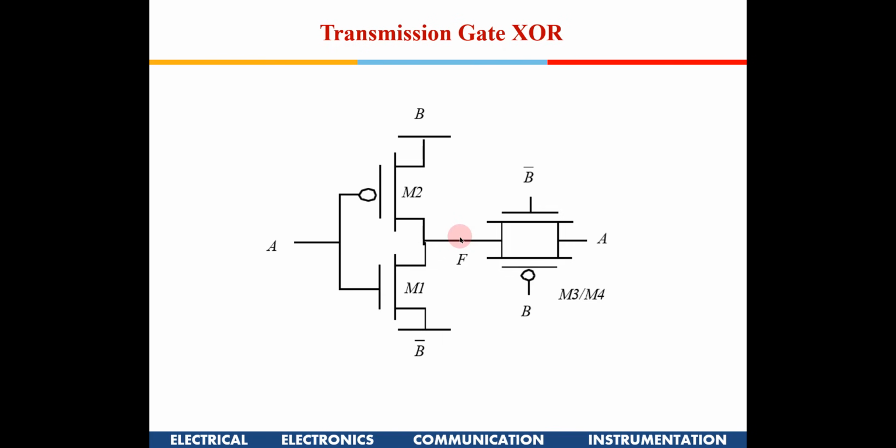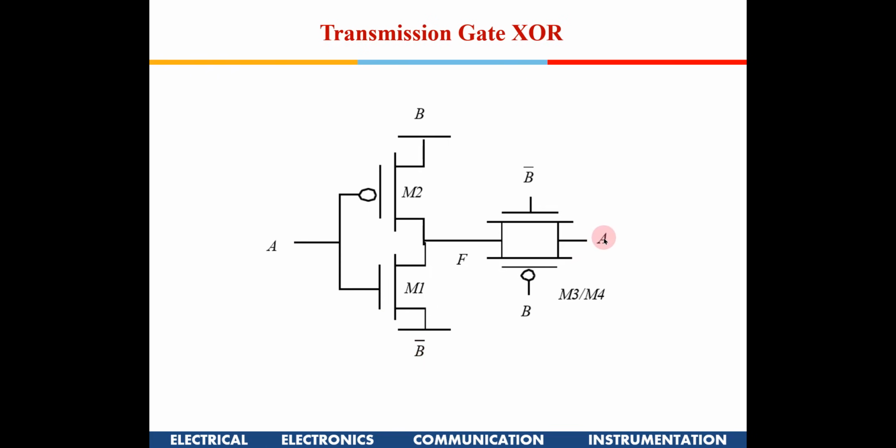So you will find this working as an XOR gate. Similarly, if A is 1, this will be switched on, and if B is 1, this node will be discharged to 0 out here. If A is 1 and B is also 1, this will be switched off.